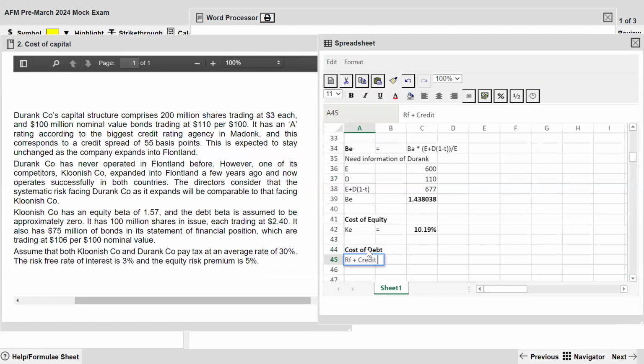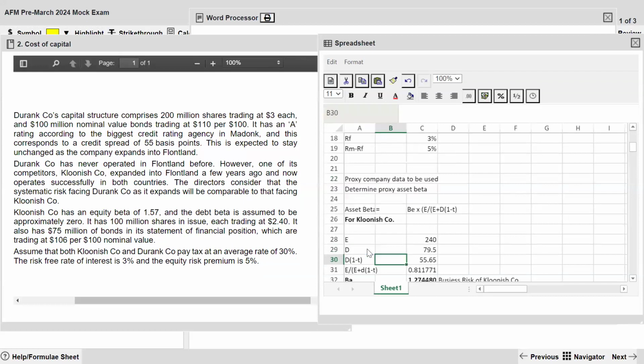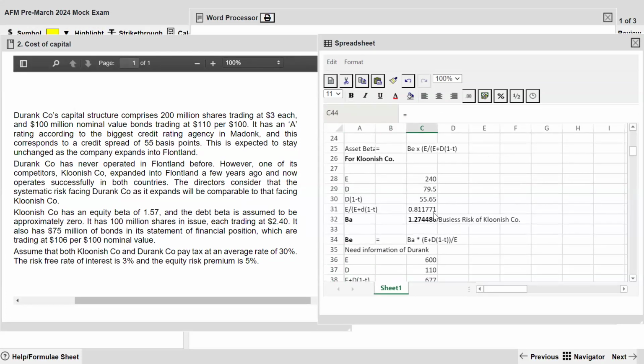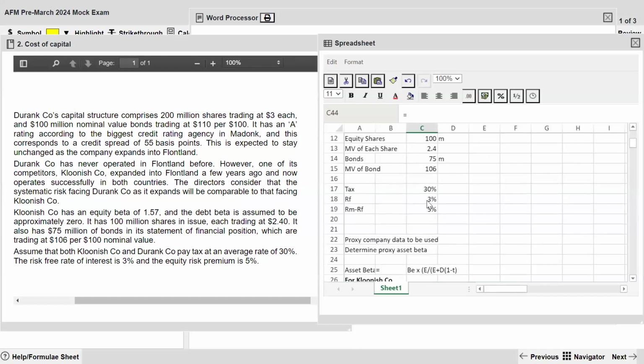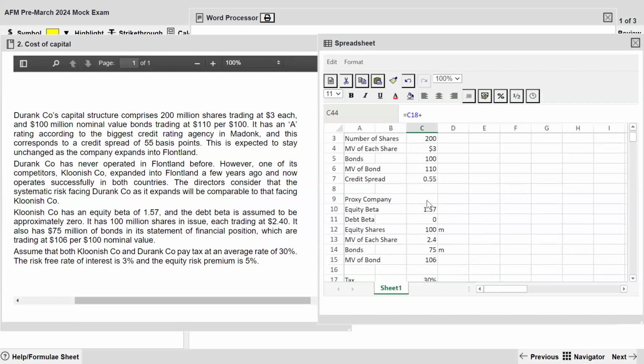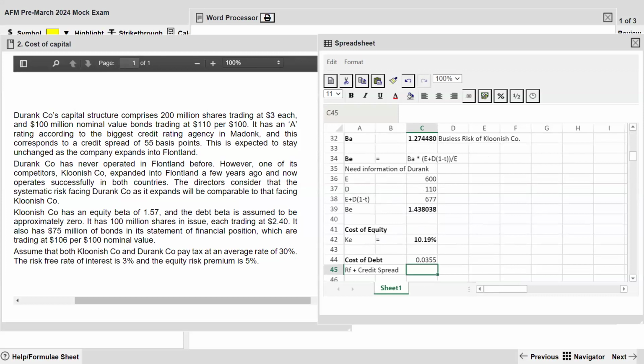So basically, the cost of debt is going to be the risk-free rate of return plus 0.55%. So that actually gives you 3.55%.